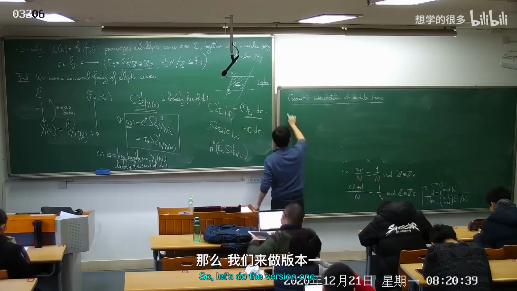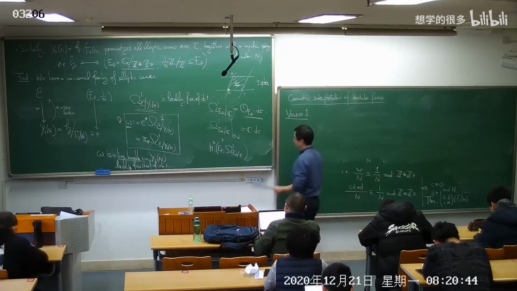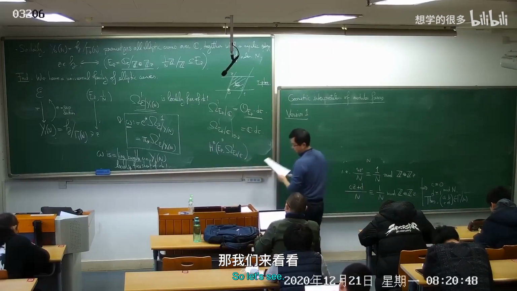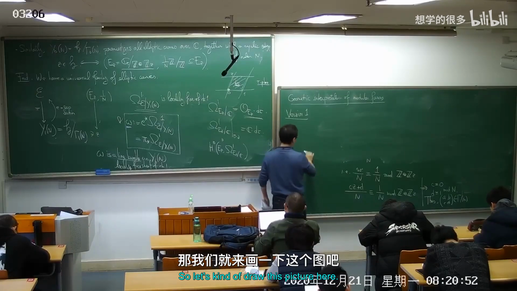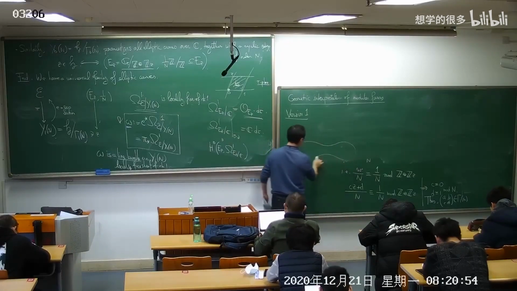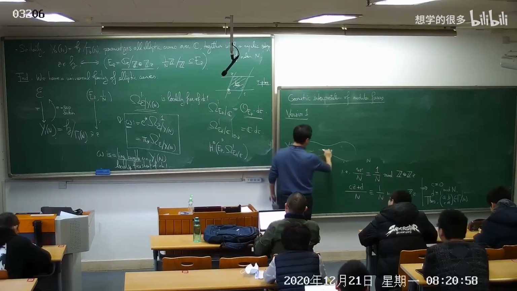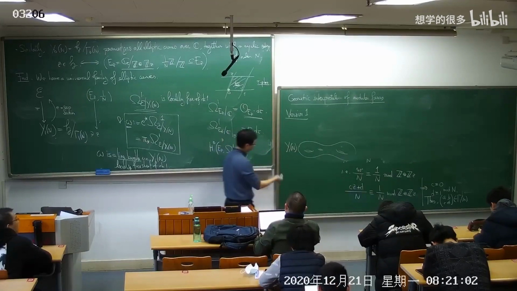So let's do version 1. So version 1 will work for all weights. Let's draw this picture here. Let's just say this is Y1, and just bring in my surface.